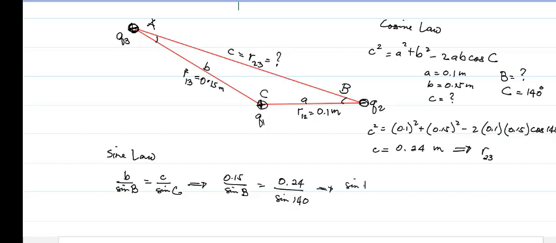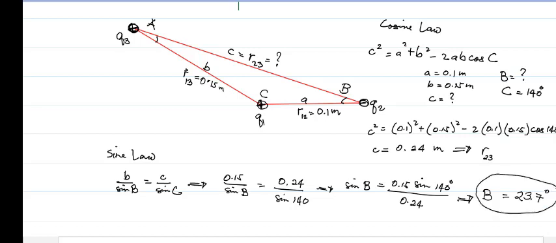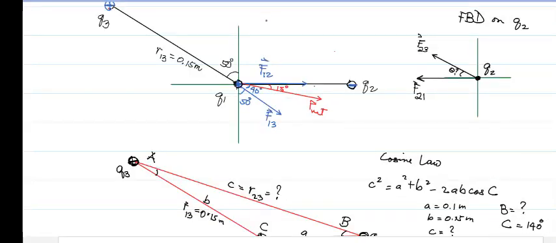Sine B, therefore, is just 0.15 sine 140 degrees over 0.24. Thus, B is just equal to 23.7 degrees. We need this to solve our net force. So this is now, based on our graph, this angle B is just the angle theta in here.